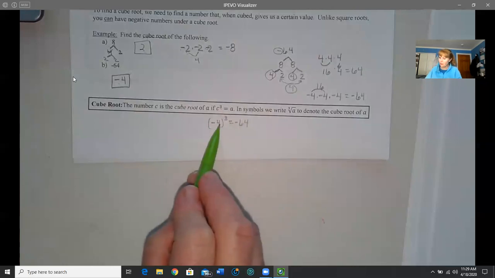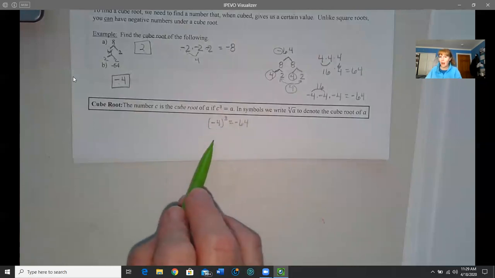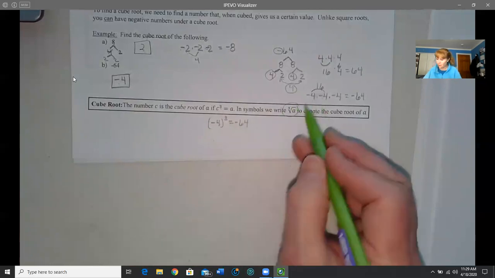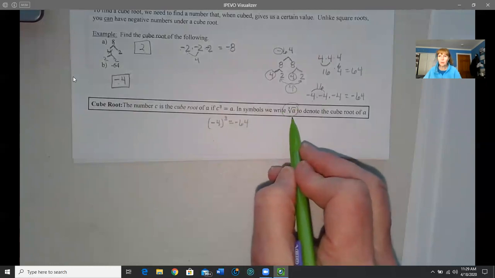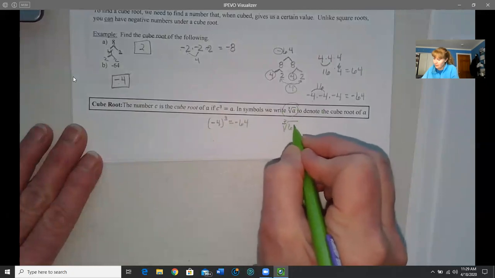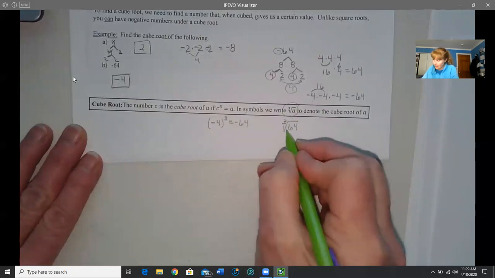C is called the cube root. And how do you write cube roots? We talked about square roots. This is how you write a cube root. That's the cube root of A. So we would have the cube root of 64 or -64.